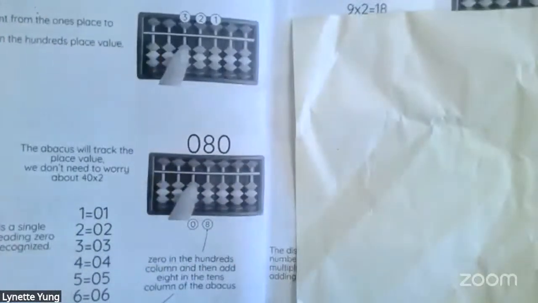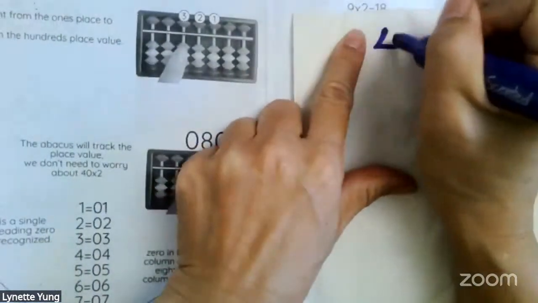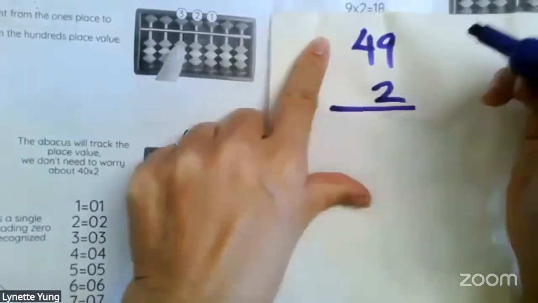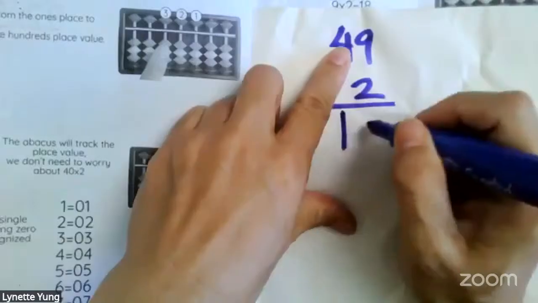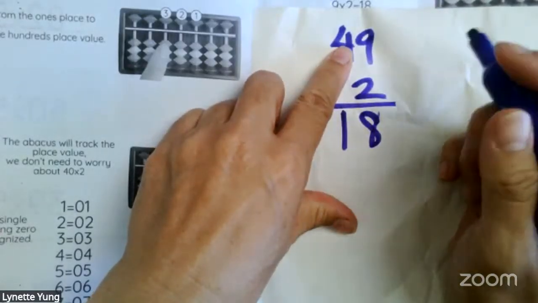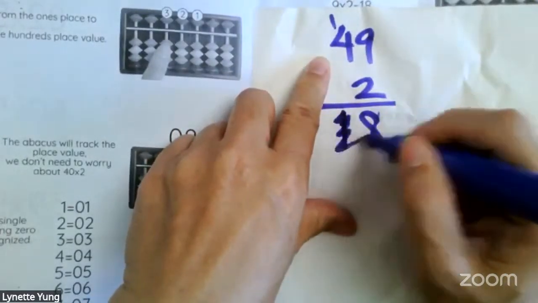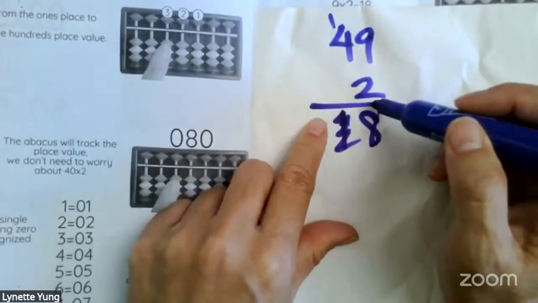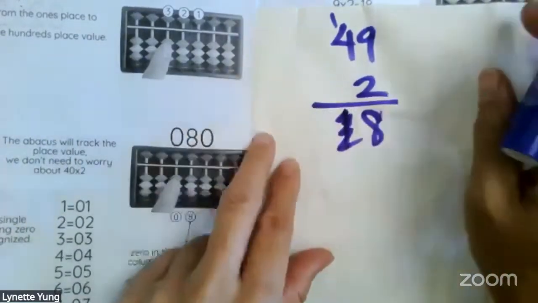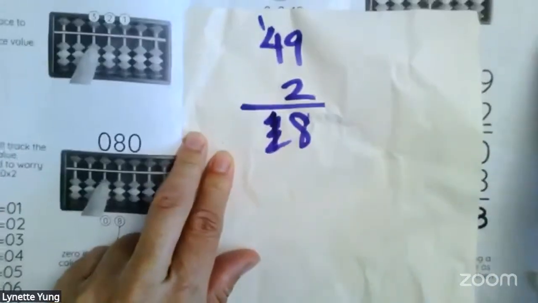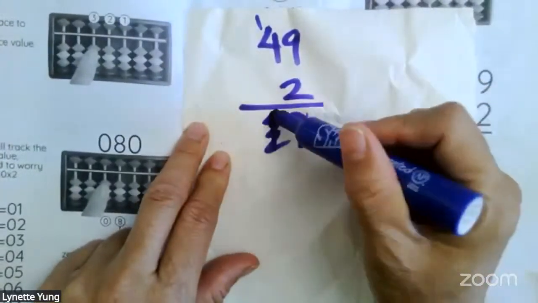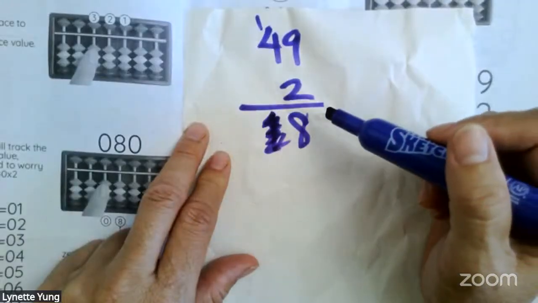So if we did it in mainstream math, we did 49 times 2. They do 18. 1, 8. They don't have an 8 there. They have a 0.